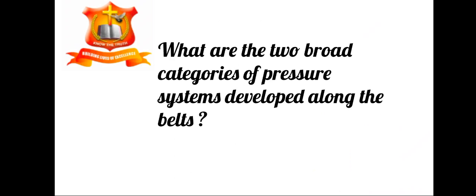Got it? Now, what are the two broad categories of pressure systems developed along the belts? The two broad categories of pressure systems are high pressure system and low pressure system. Got it?